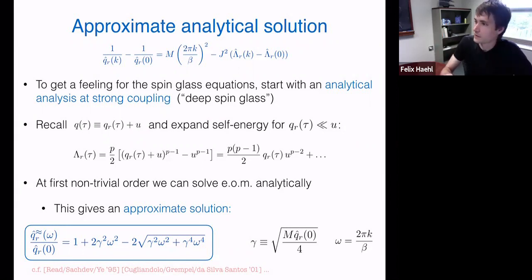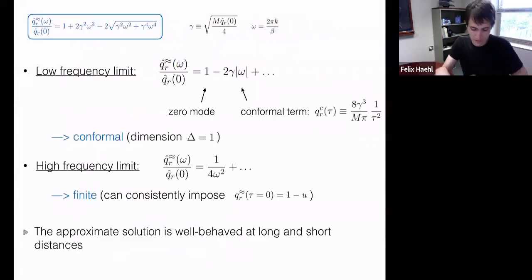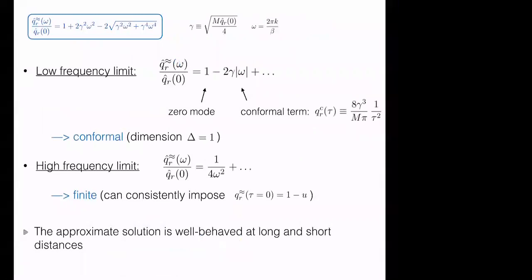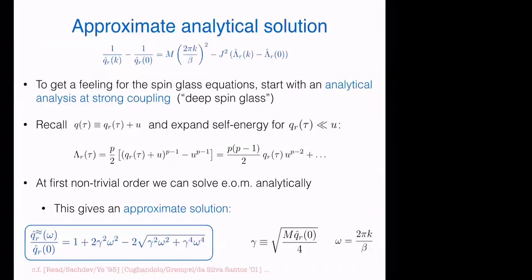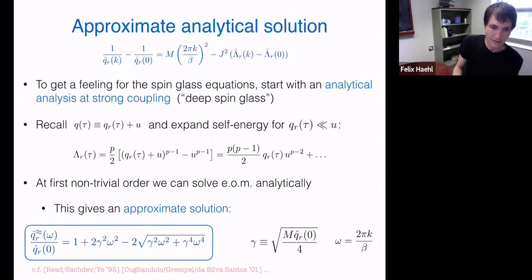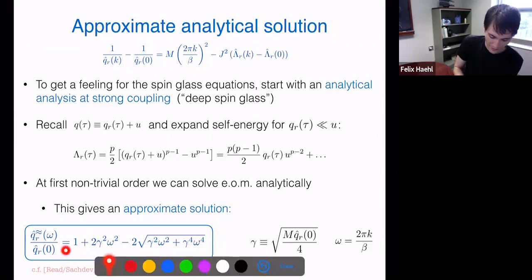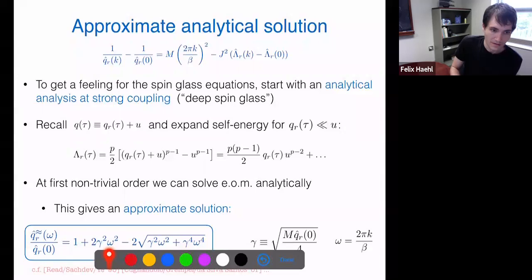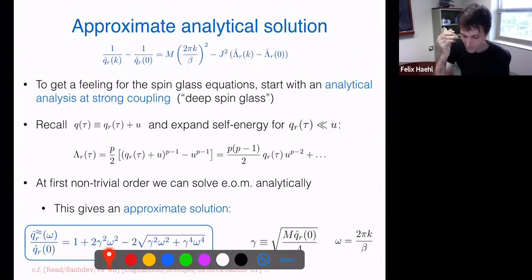Gamma sets the scale for this. The only assumption I needed to find this was that this is valid, and this sort of translates into the statement that MJ is large. Okay, thank you.